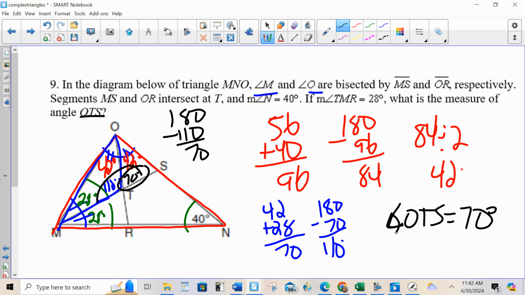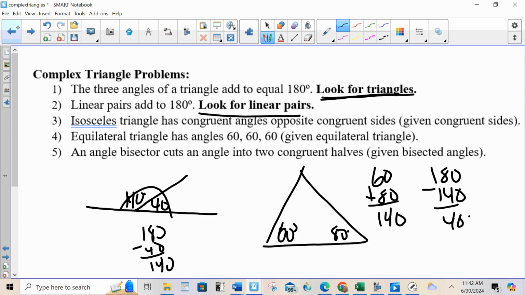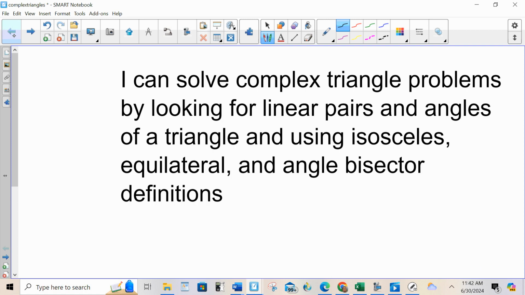Okay, you have to look for linear pairs, look for triangles where you have two angles and can find the third. That's why the objective of this lesson, the number one objective, starts with I can solve complex triangles by looking for linear pairs and angles of a triangle. That's what you need to do in order to be successful with these questions.